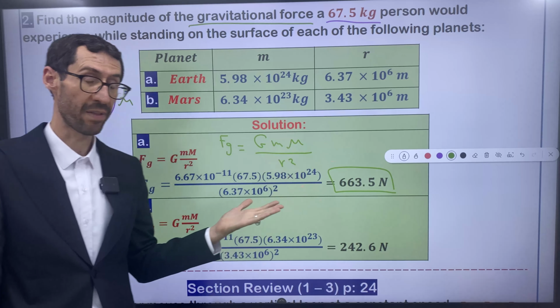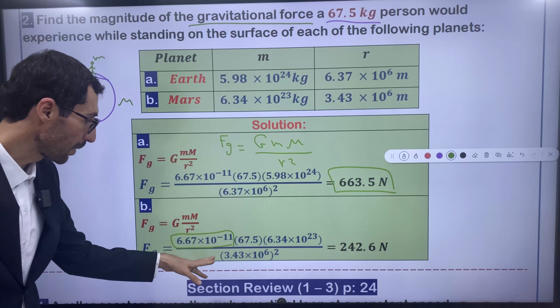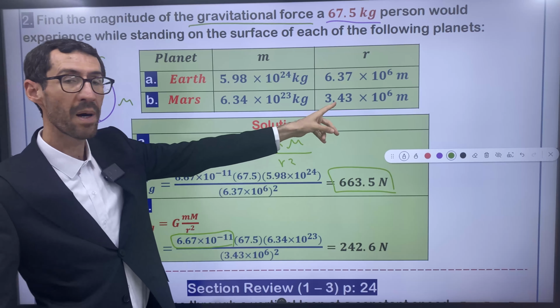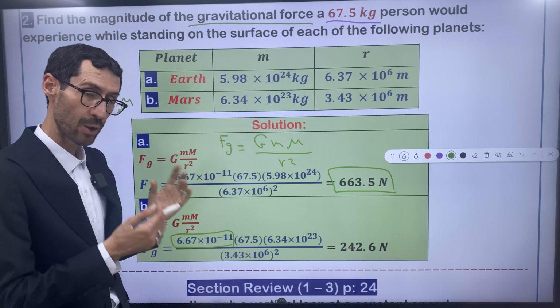So B, Fg is equal to G capital M small M capital divided by R squared. G capital, this is the value of G. M small, mass of a person. M capital, mass of Mars, 6.34 times 10 to the power 23. You see it's much smaller than Earth. Divided by the radius of Mars squared.